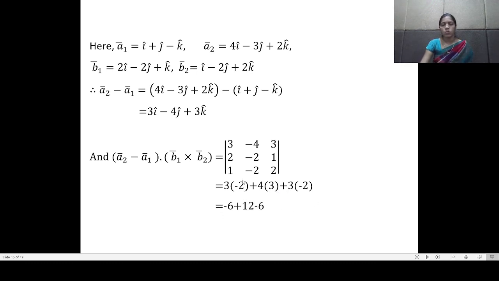So the product of these terms is minus 6, 4 threes are 12, 3 into minus 2 we get minus 6. So minus 6 plus 12 minus 6 is equal to 0. Therefore the given lines are coplanar lines.